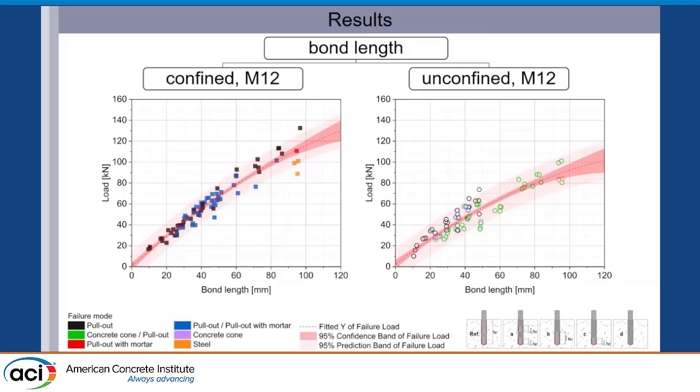So configuration B had better values than configuration A. And as you see here, with an increase of the bond length, we also have a higher mixture of pull-out and pull-out in mortar failure compared to configuration C. And similarly, we can see this for unconfined tests. In this case, we have mostly concrete cone and pull-out failure.